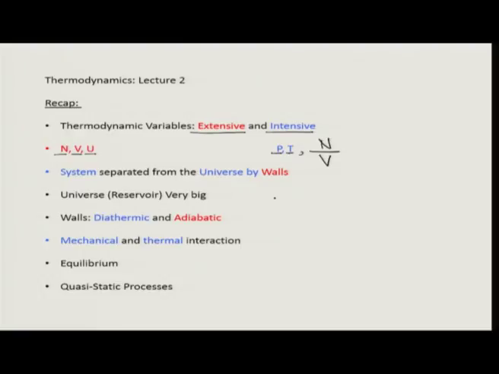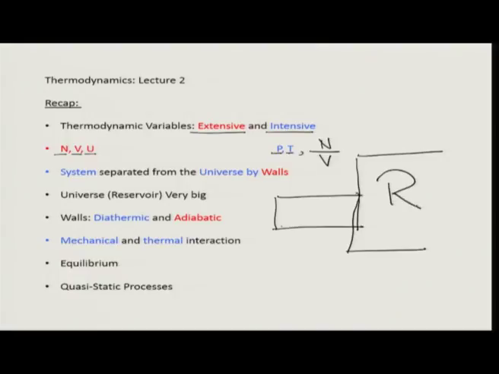But the system which I am considering is always interacting with a reservoir, or we called it the rest of the universe or simply the universe. So, the system is separated from the universe by walls. We talked about different types of walls.